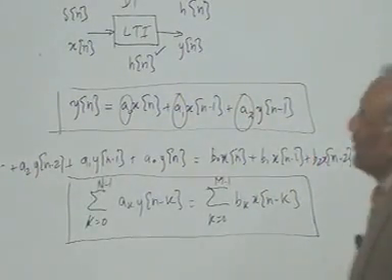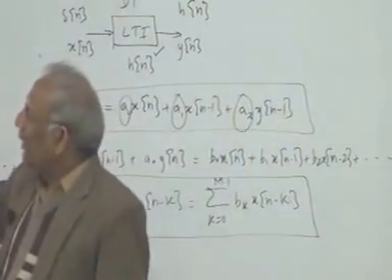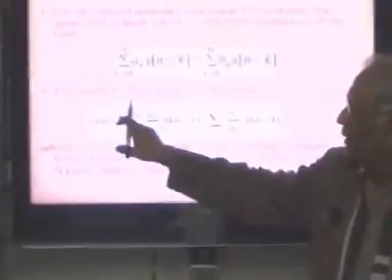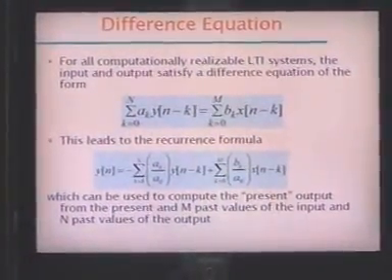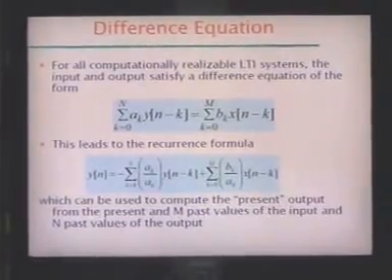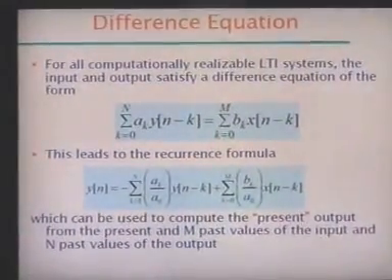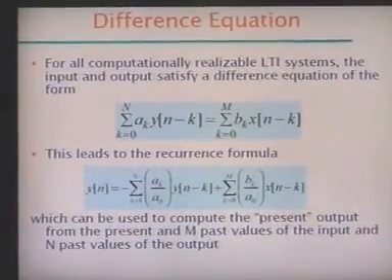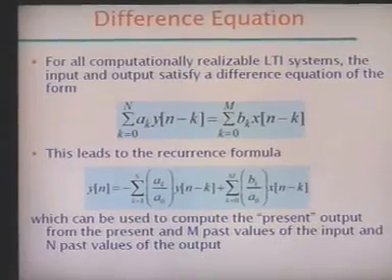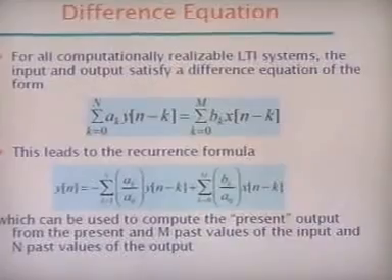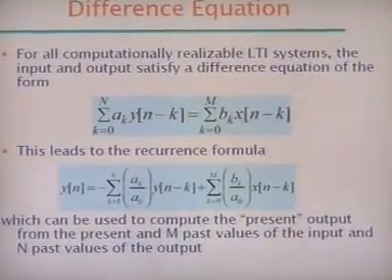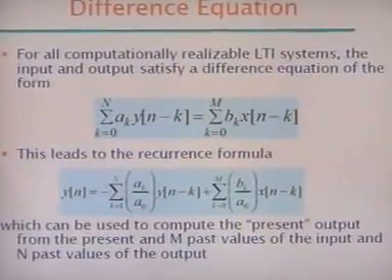Both of them are actually given right here, and if you write it in terms of y of n, we also call it the recurrence formula for the system. Recurrence formula for the system and difference equation for the system are one and the same thing. It is just that in one we have taken y of n on one side and written it in this particular shape. So now there are a few things that we need to know.